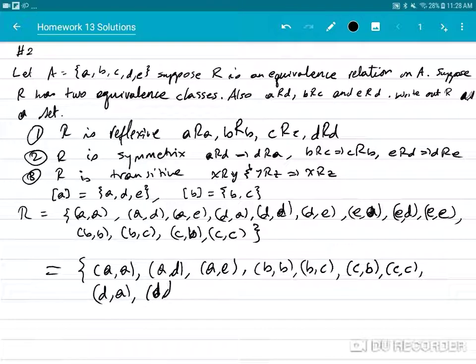D is related to D, D is related to E, E is related to A, E is related to D, and E is related to E. That's what we have. All right.